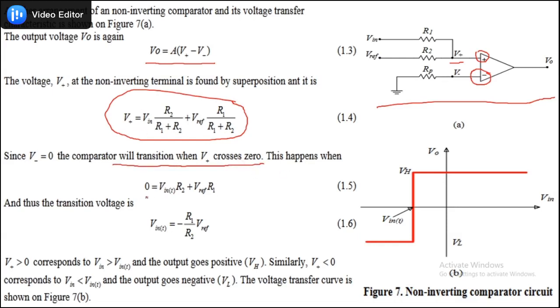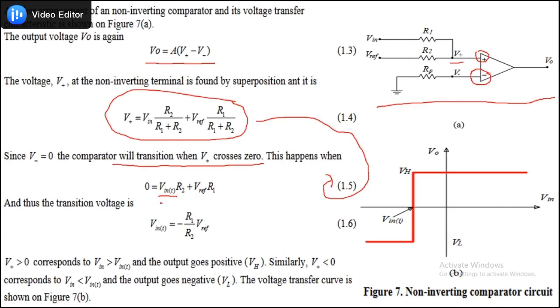So we will keep 0 equal to Vin, designated as Vin transition, times R2 plus Vref R1. So this equation 1.4 is changed to equation 1.5.